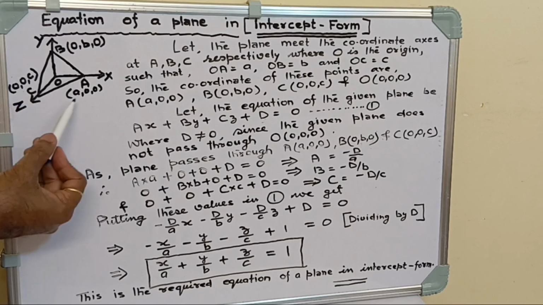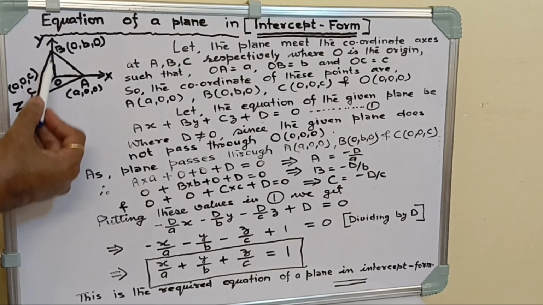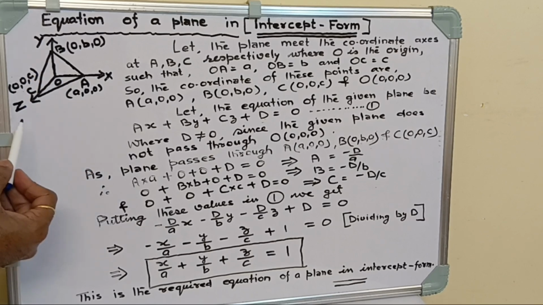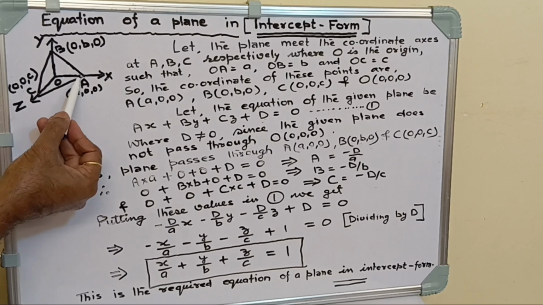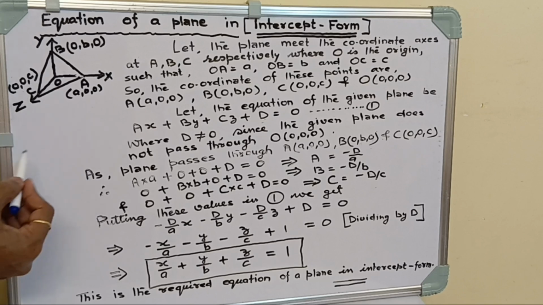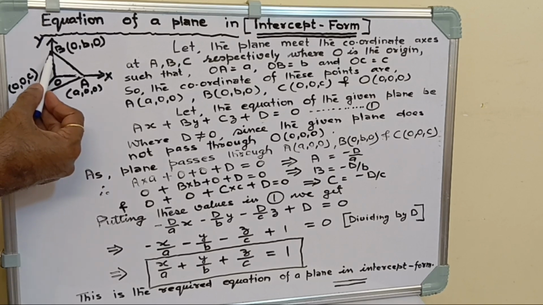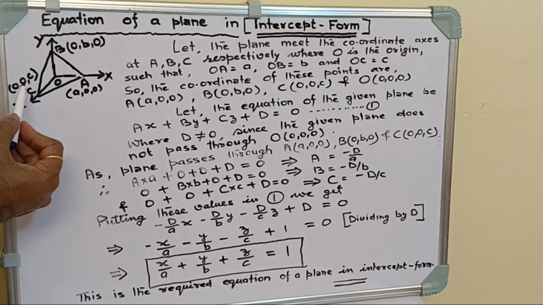This plane meets the coordinate axes, the x-axis at A, the y-axis at B, and the z-axis at C, such that OA, this distance, is a, OB, this distance, is b, and OC, this distance, is c.